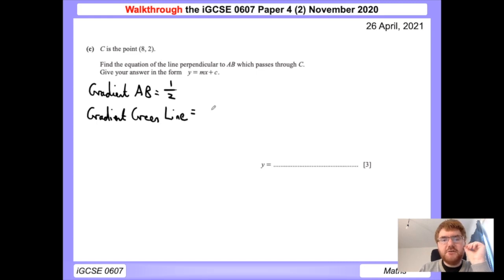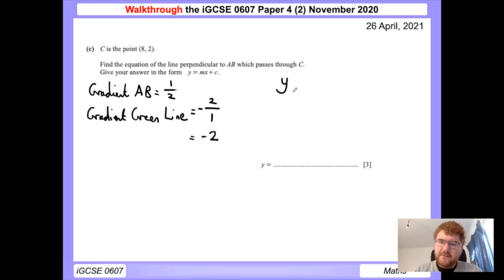We flip the fraction, so we get 2 over 1. And then we switch the sign. So we have a plus here, so we're going to switch that to a minus. Again, we don't usually write this, minus 2 over 1. We just write this as minus 2. So the gradient of the green line, the steepness of the green line, is equal to minus 2.